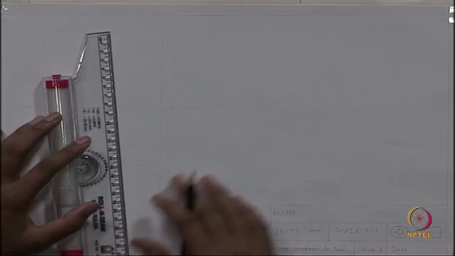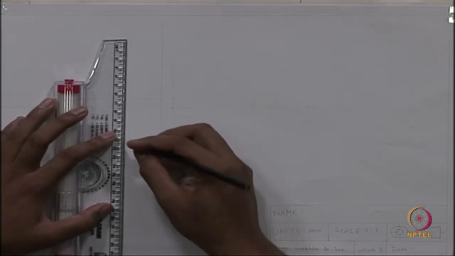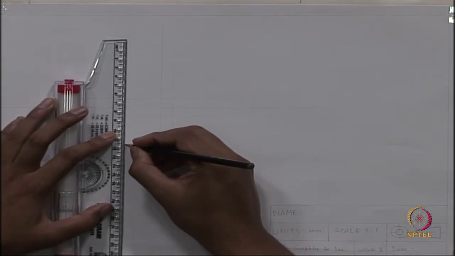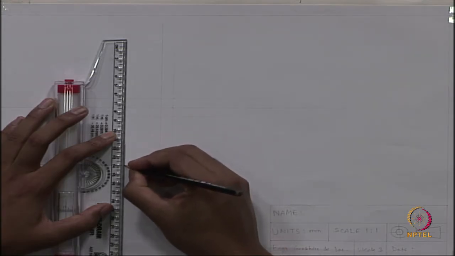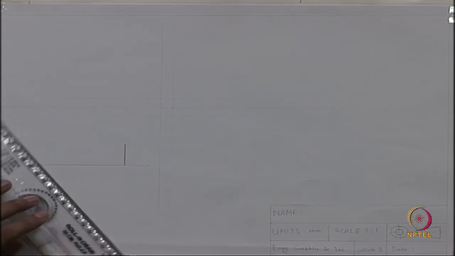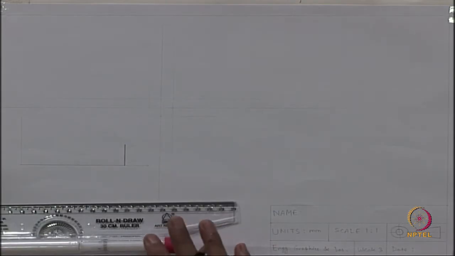Then vertically, 24, from here to a distance of 24, then join the points. So, 2 lines we have already got.